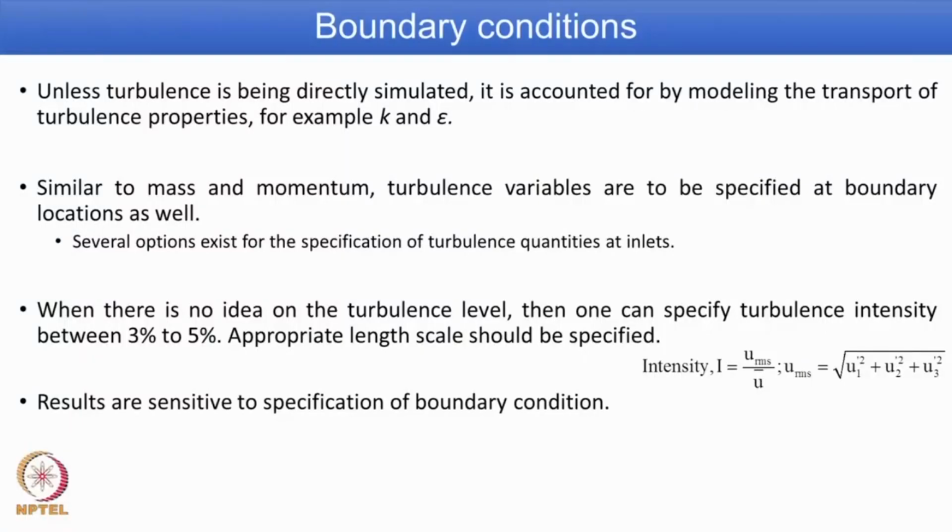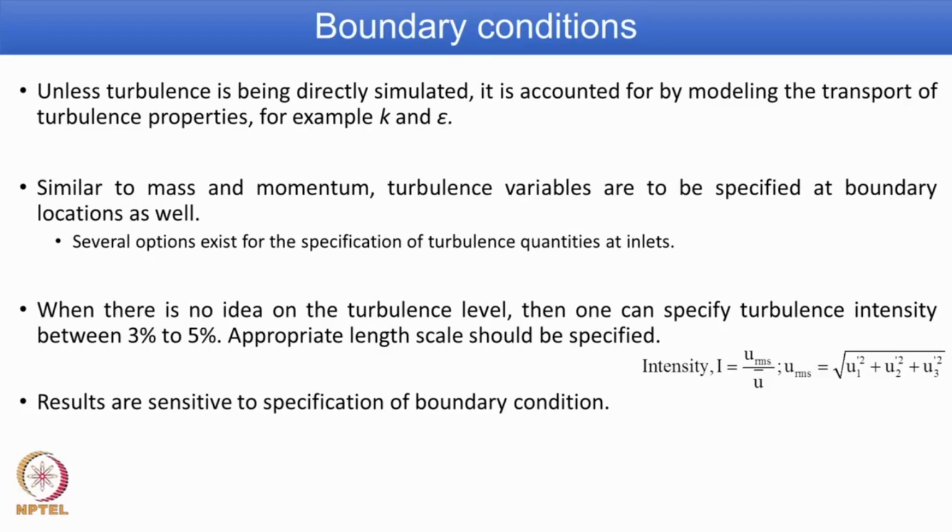There is another point, what is known as turbulence intensity, and that is shown here. Intensity is I equals u RMS by u bar, where u RMS equals the square root of u1 prime squared plus u2 prime squared plus u3 prime squared, and you take a square root, that will give you the intensity. Intensity normally is given either in the experiment or as an appropriate condition.